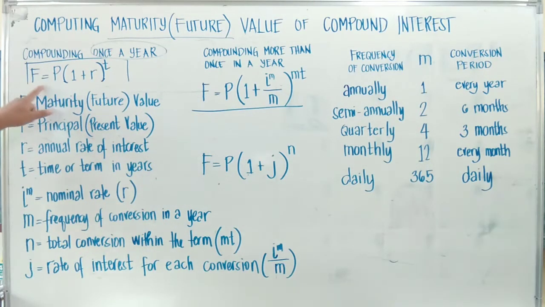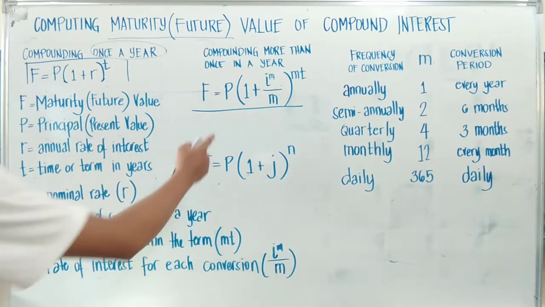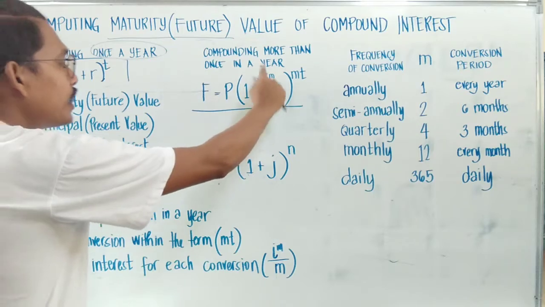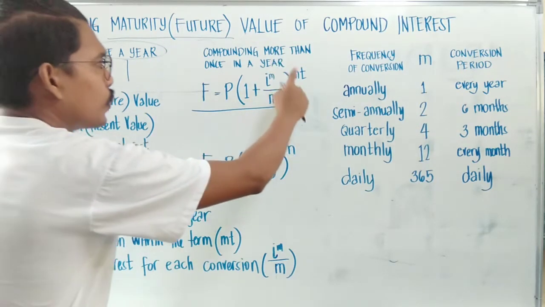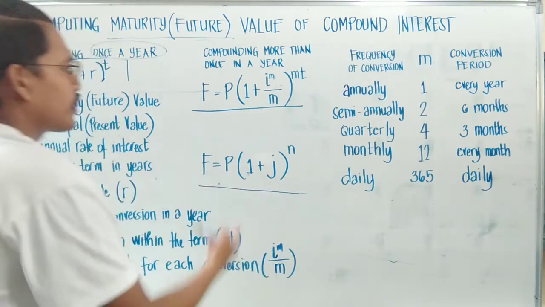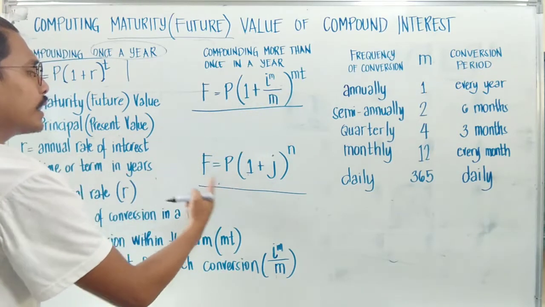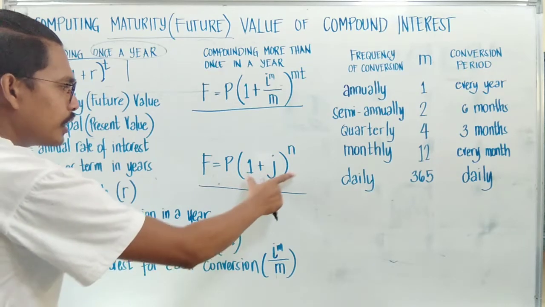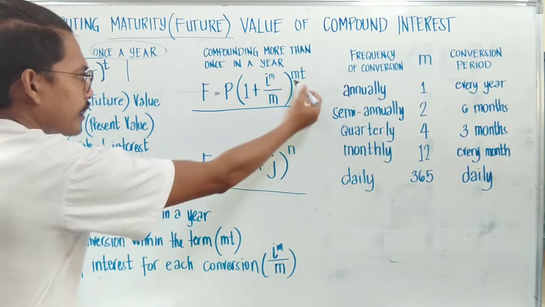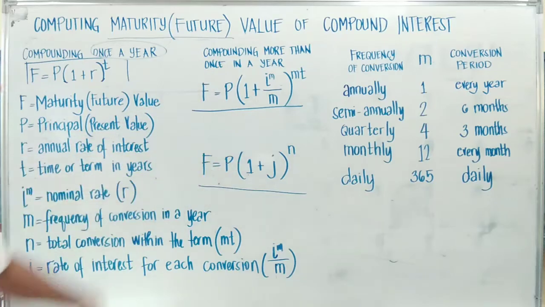The formula F equals P times the quantity of 1 plus r raised to t is much easier to grasp than this one: F equals P times the quantity of 1 plus i to the m over m, raised to mt. Or, to summarize this formula, we have F equals P times the quantity of 1 plus j raised to n, where i to the m over m is equal to j and mt is equal to n.